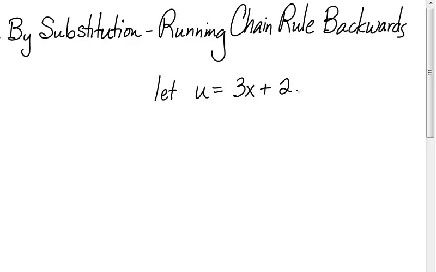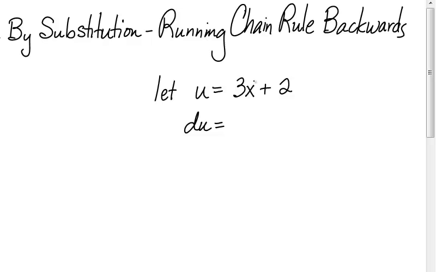Now we have to substitute in. The problem started out with everything in terms of an x. Now, if we let u equal 3x plus 2, we've got to be able to substitute in for everything in that problem. So what they do is they take the differential, or derivative, of both sides, but instead of writing du over dx, they say the differential of this side would be du.